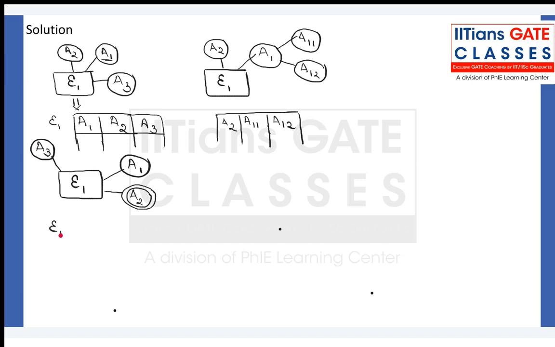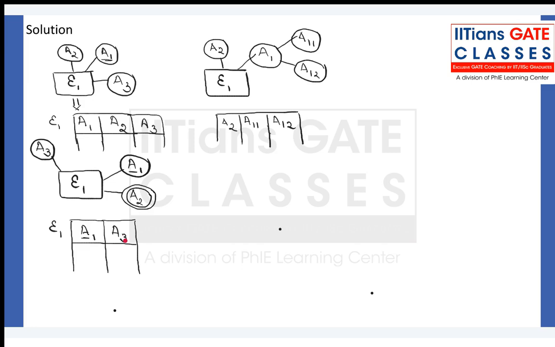It's a strong entity, so A1 is the key attribute. So I have A1 as one of the columns. It is a key attribute, so I will underline it here as well. It's not mandatory, but you can do so. And I will add the simple attribute here, which is A3.